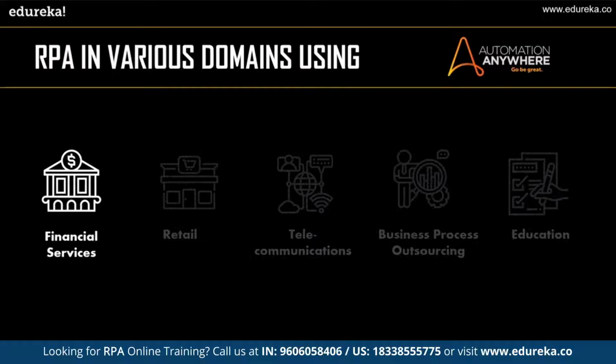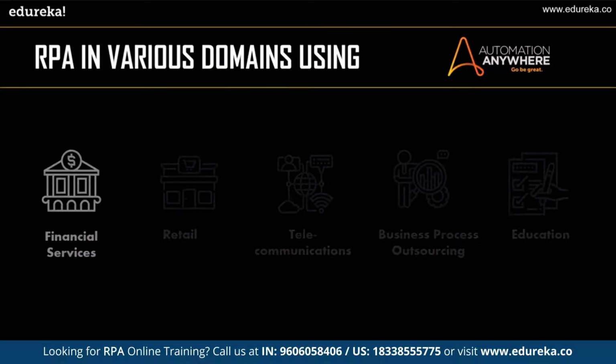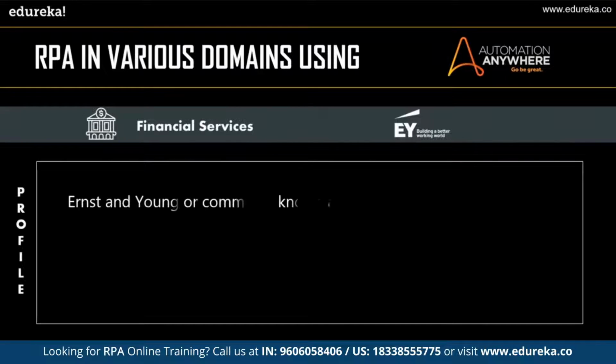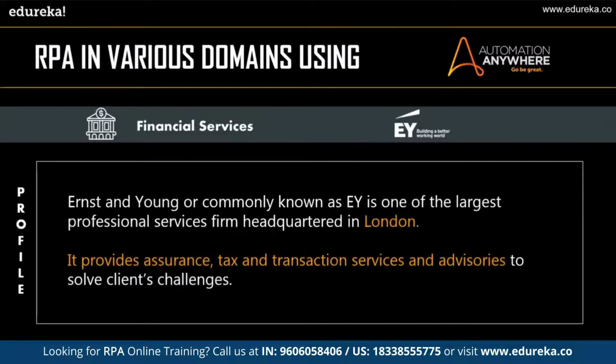So starting with the first one, that is RPA in financial services, I've considered one of the best examples, that is Ernst & Young. Ernst & Young, or more commonly known as EY, is one of the largest professional services firms headquartered in London. It provides assurance, tax and transaction services, and advisories to solve clients' challenges.